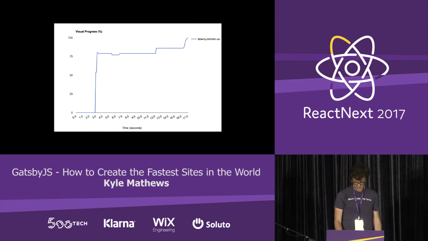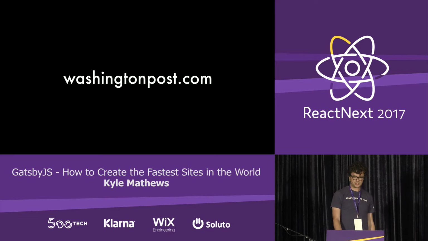You can see that here, where it jumps up to 80% or so visually complete, then dips down, dips back up, and then at 16 seconds actually completes. So clearly they're sitting around loading something for a long time.